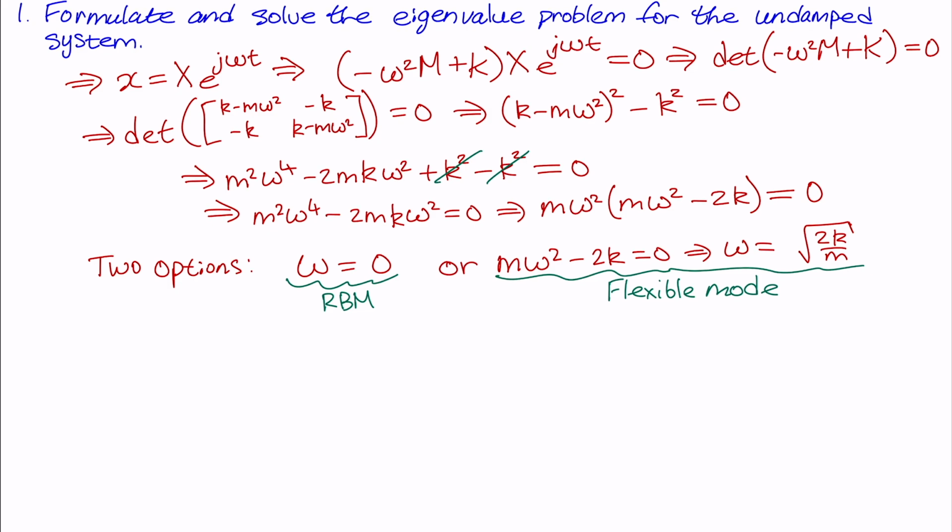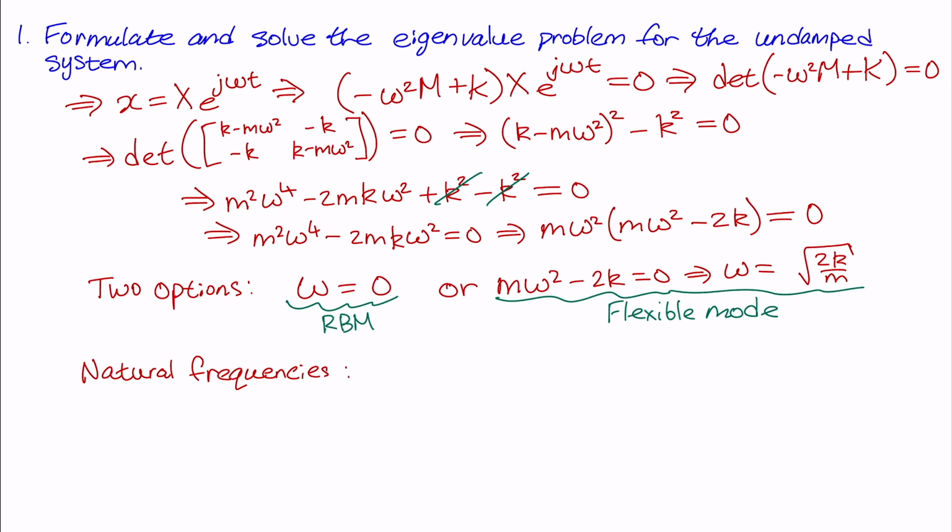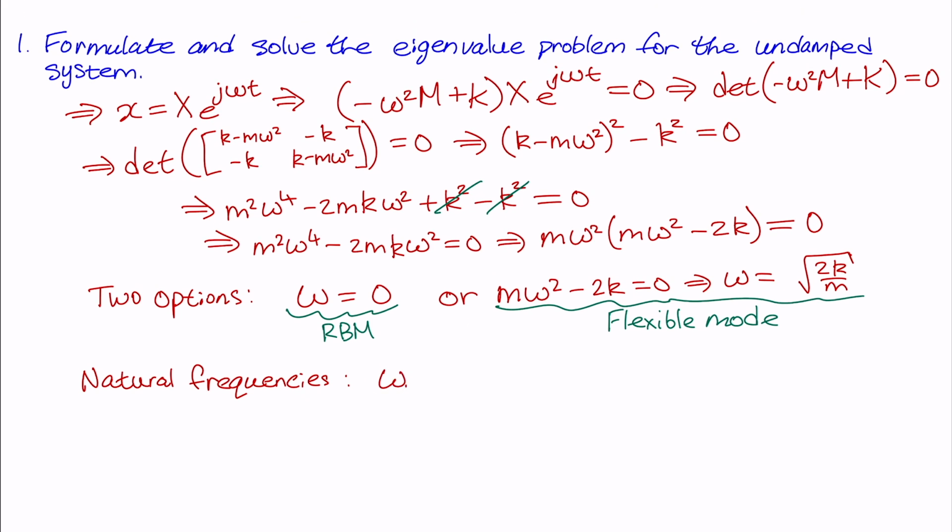And then this tells us that the natural frequencies are, first, just omega 0 equal to 0 radians per second. That's our rigid body mode. And then we'll have omega 1 equal to square root 2k over m.